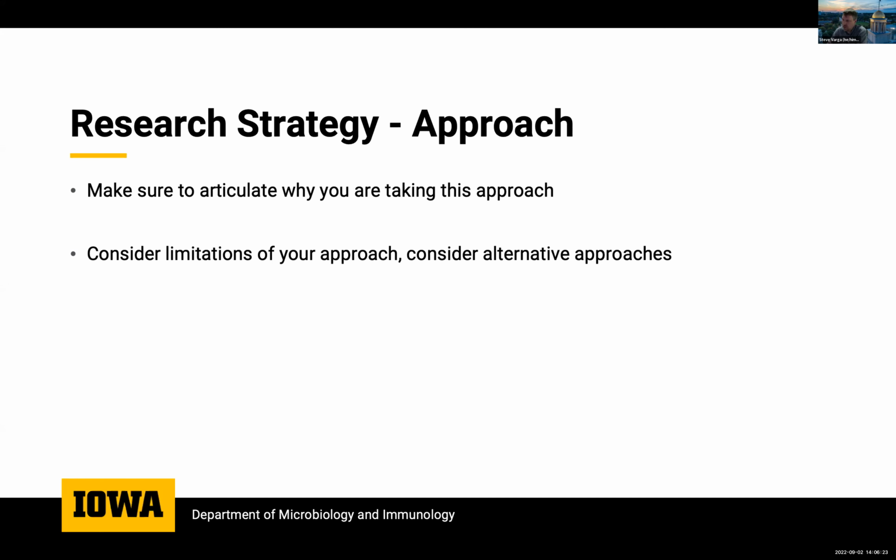And so if you don't consider that you could have an issue crop up in your experimental approach, or have a secondary way of looking at that question to confirm, reviewers will key in on that. Another kind of deficiency is that you don't include sufficient details of the experimental approach.